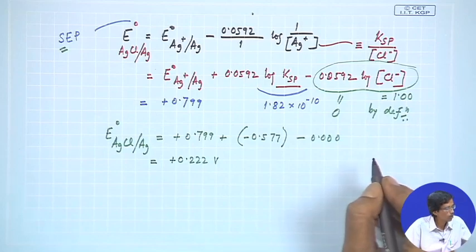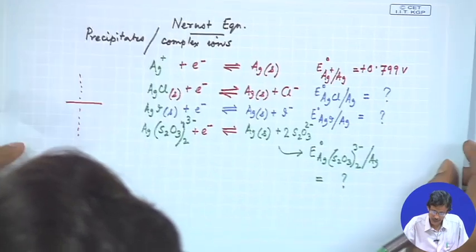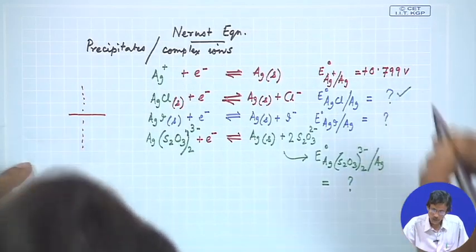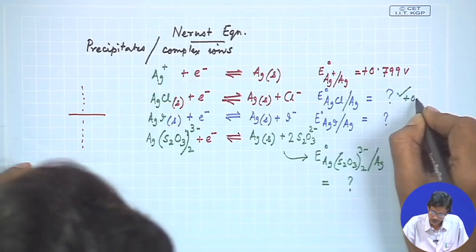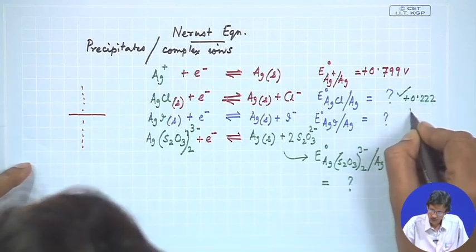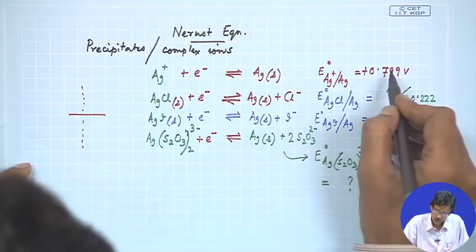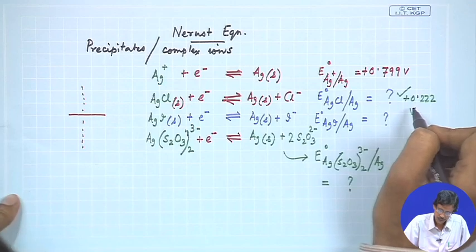What we discussed earlier in our previous slide is now known to us, that it will be plus 0.222 volt. So from here we can calculate it.